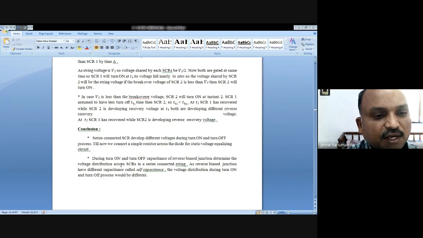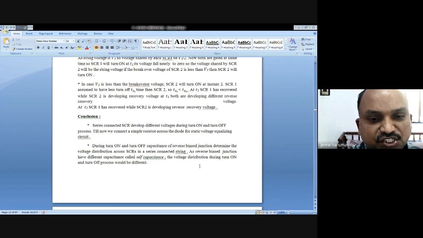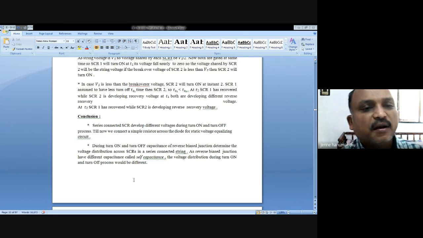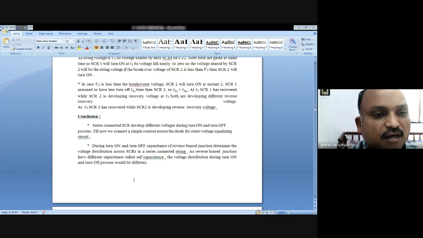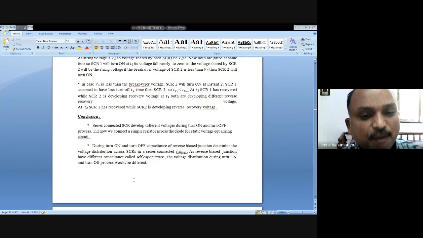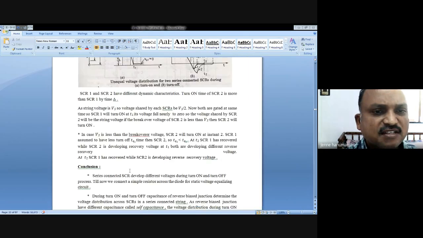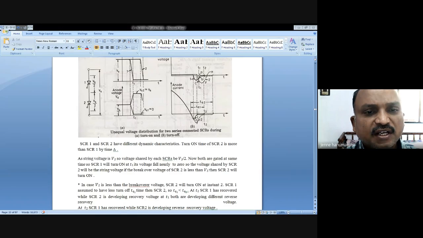During turn on and turn off, the capacitance of the reverse bias junction determines the voltage distribution across the SCRs in series connection. So while operating the SCR, you have to take stray capacitance or self capacitance into consideration. Because of this capacitance also, we get this type of characteristics.